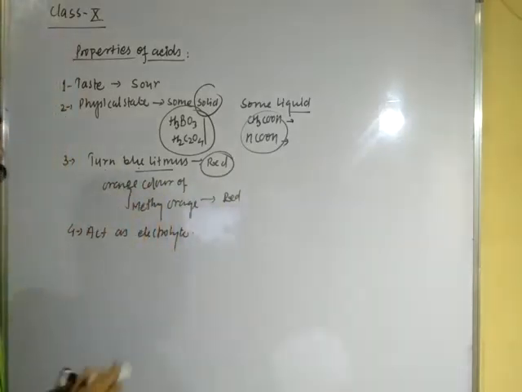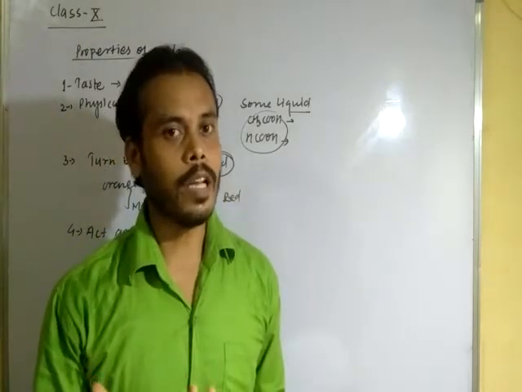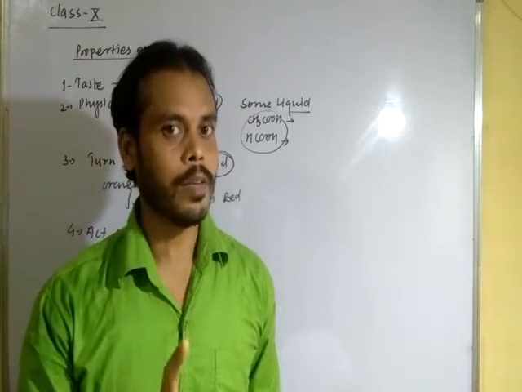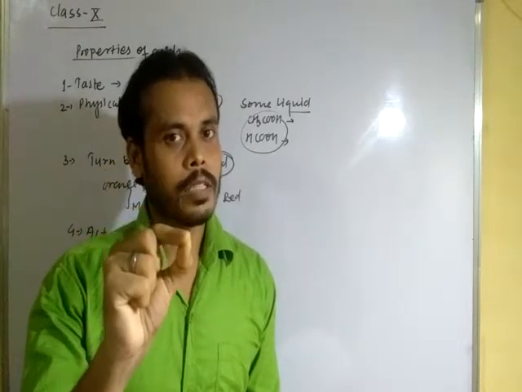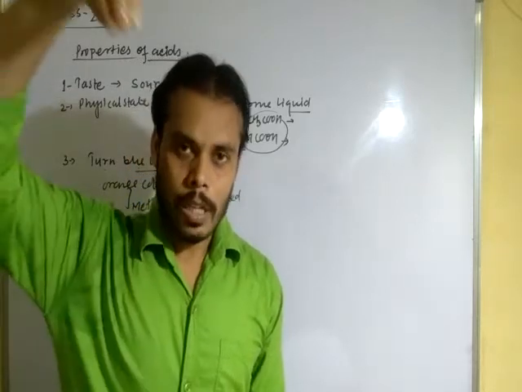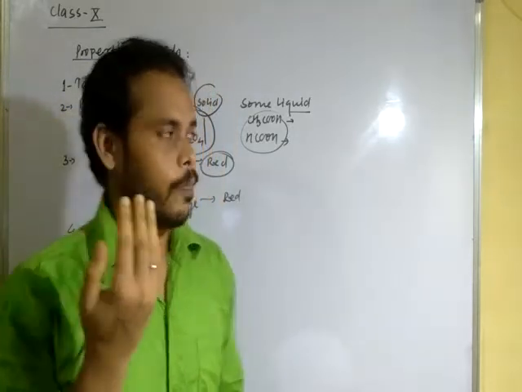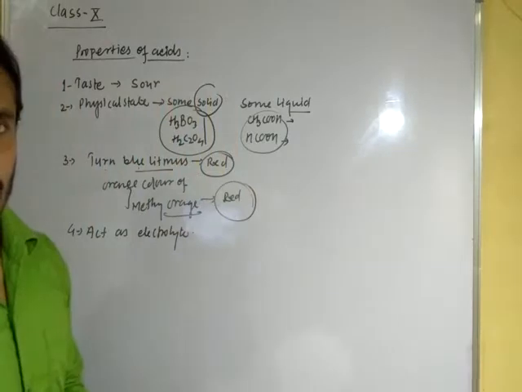And there is an indicator known as methyl orange. The color of methyl orange is orange, and when methyl orange is put into the acidic medium, its color changes into red.